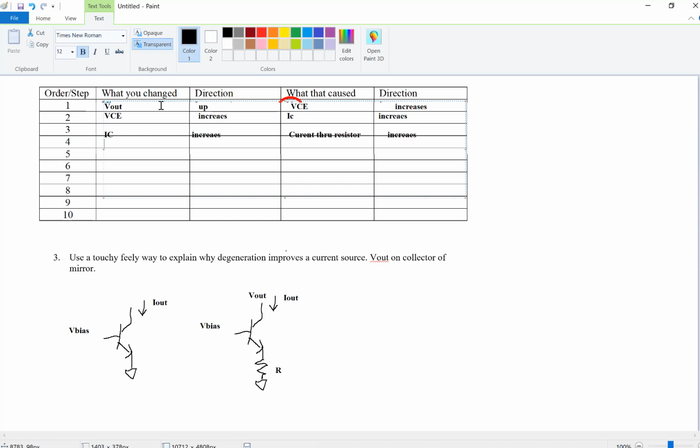If the current through the resistor increases, then VR, the voltage across R, increases, which means VE goes up.